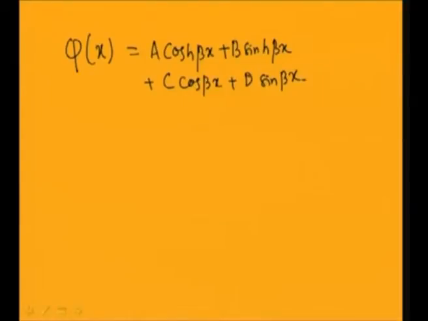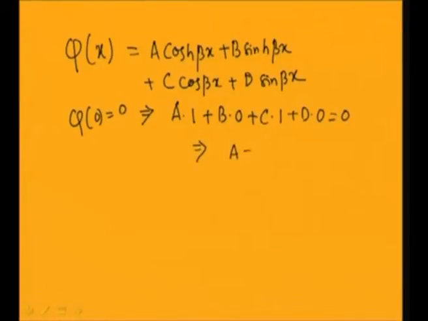Now by applying these boundary conditions, psi 0 equal to 0 implies a into cosh 0 equal to 1, plus b into 0, plus c into 1, plus d into sin 0 equal to 0. So this implies a plus c equal to 0, and I can write a equal to minus c.